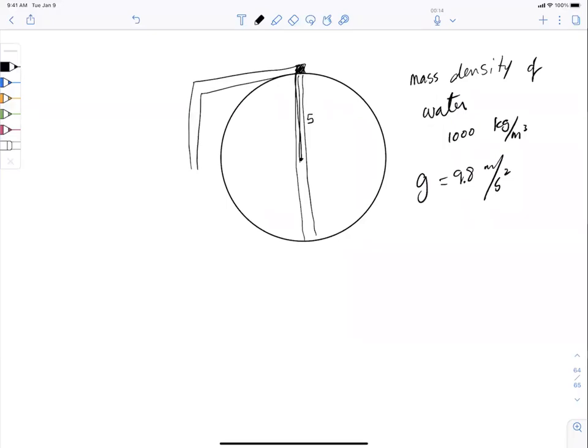So let's get started. Knowing that if I have water in this tank, at each time I'm going to have to empty out a layer of the water, and that leads us to partitioning our tank. So these are the partitions.